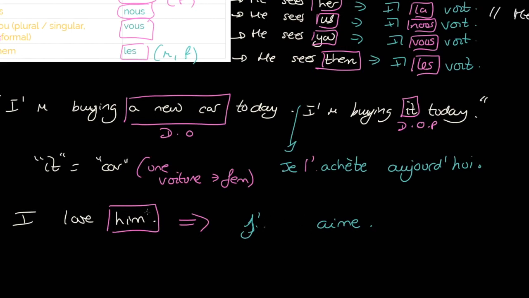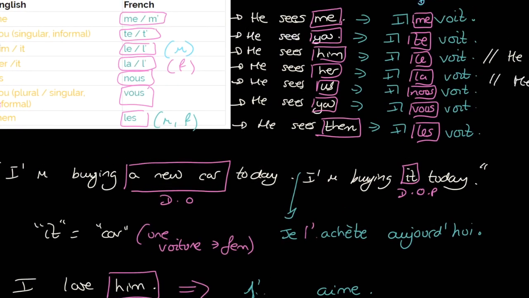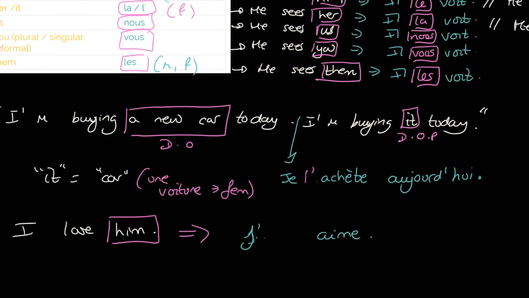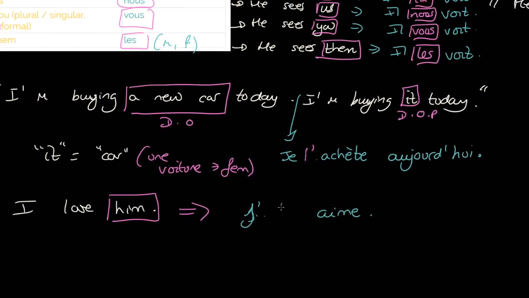J'aime him, le, so in front of my verb, je le aime, but of course we don't have le if it's followed by a word that starts with the vowel, so je l'aime, and of course that then needs to change to je. So je l'aime, I love him. Similarly, if I put I love her, it would be exactly the same. Je l'aime, I love her. No difference there. It'd be context that told us.